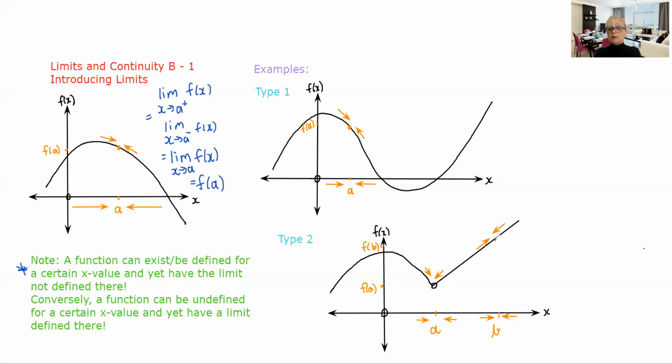You're just going to sub in b to the particular rule that's in play at that part of your domain. So for example, say a was at x equals 1, our rule changed from an upside down parabola to a straight line, and say we wanted to know what the limit is when x is 3, well, we'd be subbing into the straight line formula because that's what is in play here.